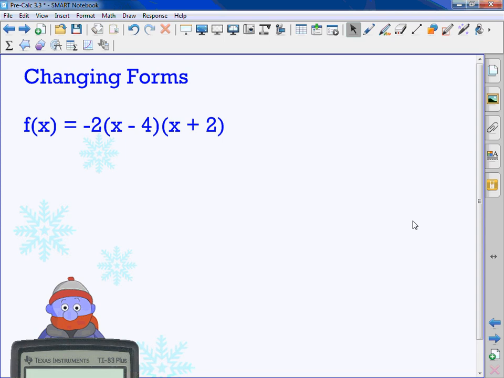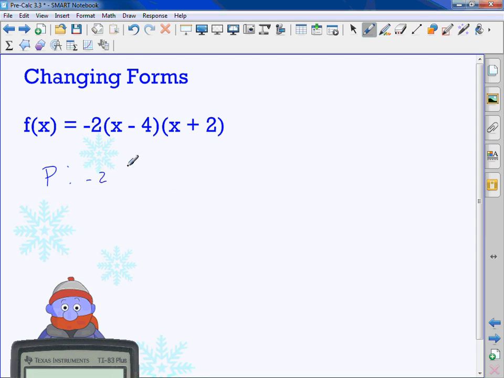Which one do you want to try first? Polynomial or transformation? Transformation. How about if we try polynomial first? There's a reason why. To change it into polynomial form, what do I have to do? Distribute.